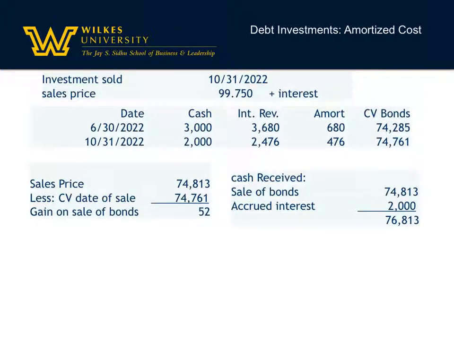Now, we know that the bond was priced at $74,813, but we sold it with the interest. And we also know that we've recorded the amortization of $476 in interest. But total interest revenue is $2,476. So we've got to finish and record the other $2,000. And this is the $2,000 we're receiving in advance on the bond.